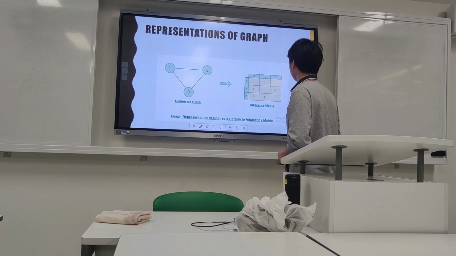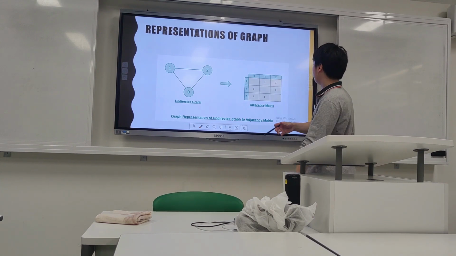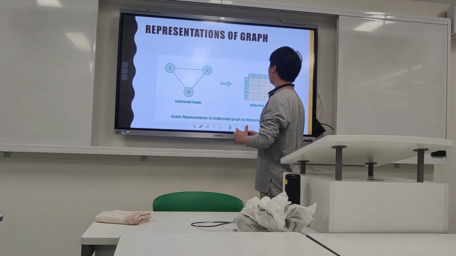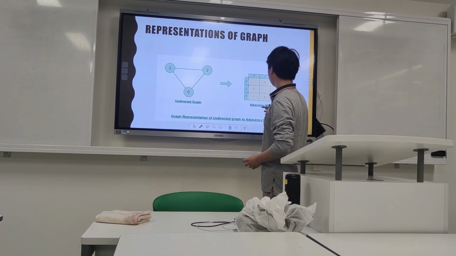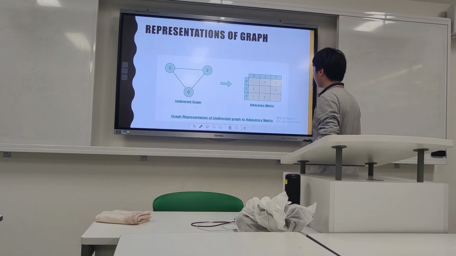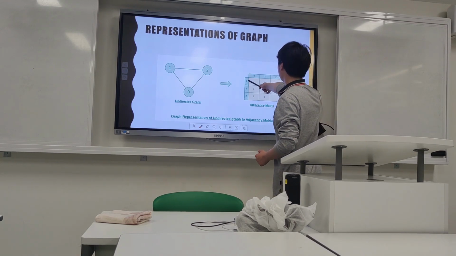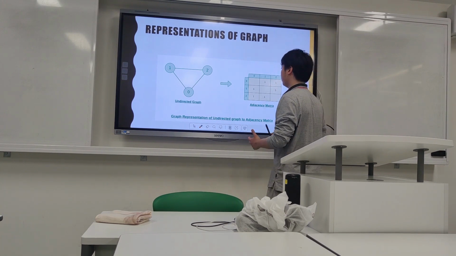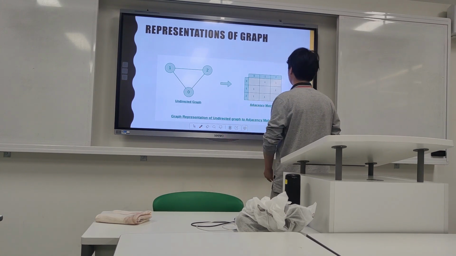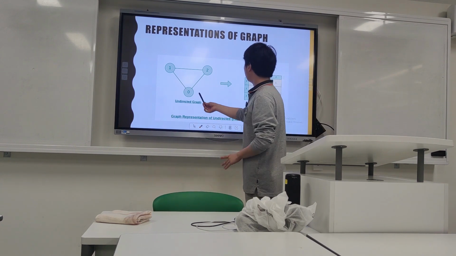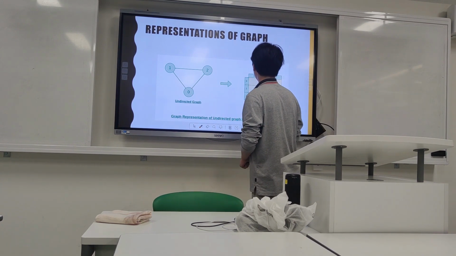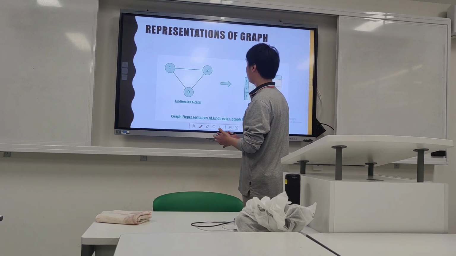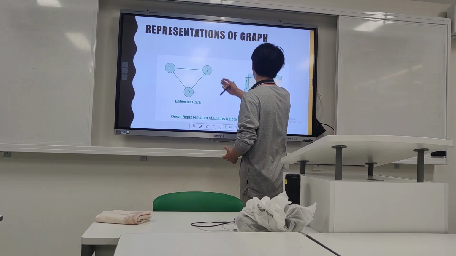First we define an adjacency matrix, starting from 0 to 2. Then we'll look at each node. First is node 0, and we'll check the relationship between this node and all the other nodes.